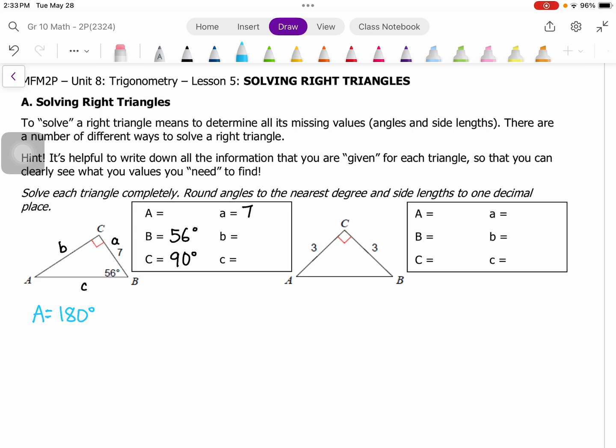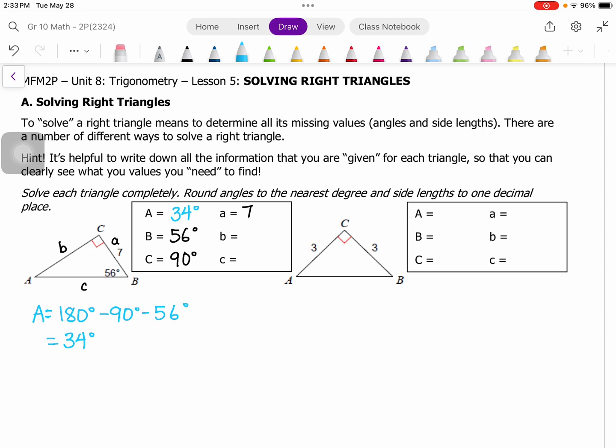So I'm going to subtract the 90-degree angle and the 56-degree angle, and that will give me angle A, which is 34 degrees. And then I'll fill that in up here to know that I'm finished there.